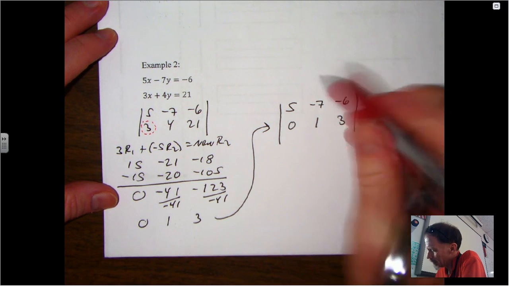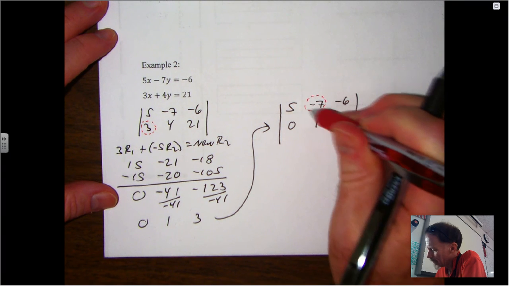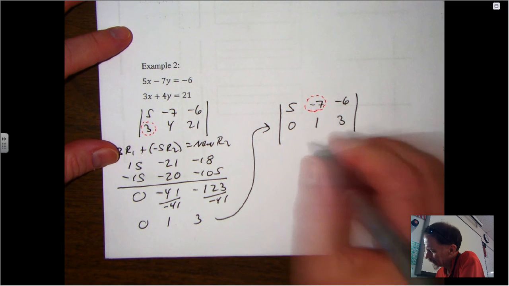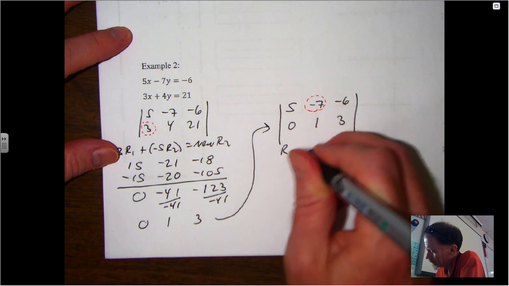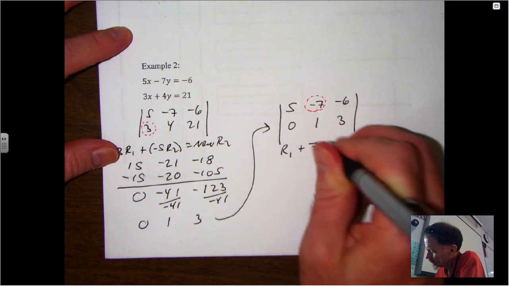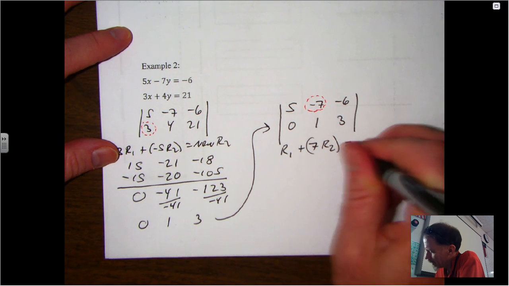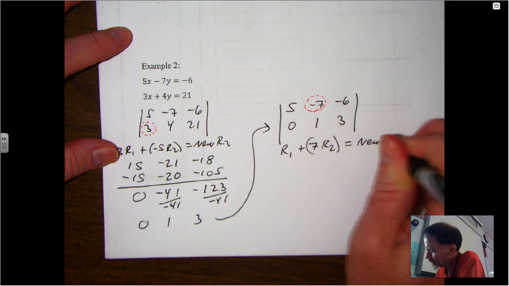For my last step, I want to make this into a 0. This one's a little easier because all I have to do is multiply that 1 by 7, since they're already different signs, and that'll be my new row 1.